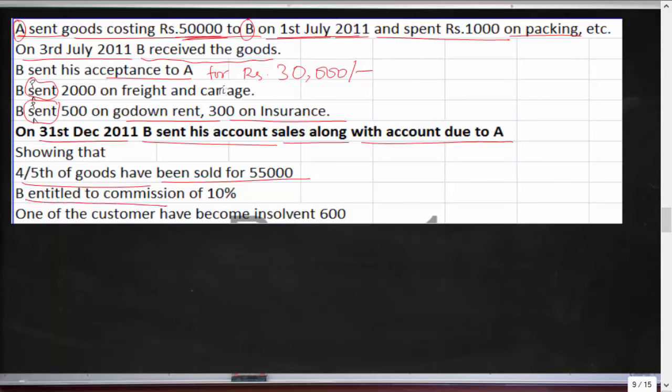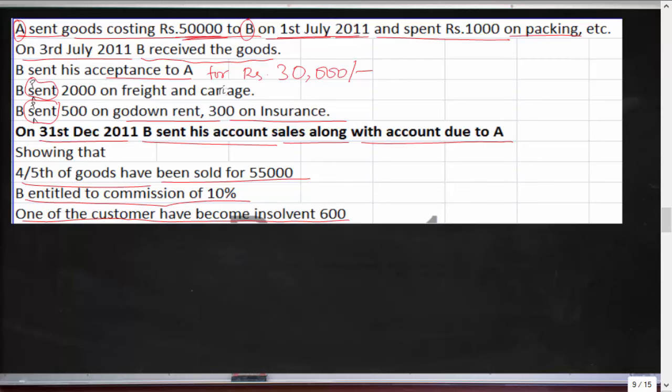B is entitled to commission of 10%. One of the customers has become insolvent and the value of that customer is 600. So in this backdrop, we have to prepare consignment account in the books of consigner.